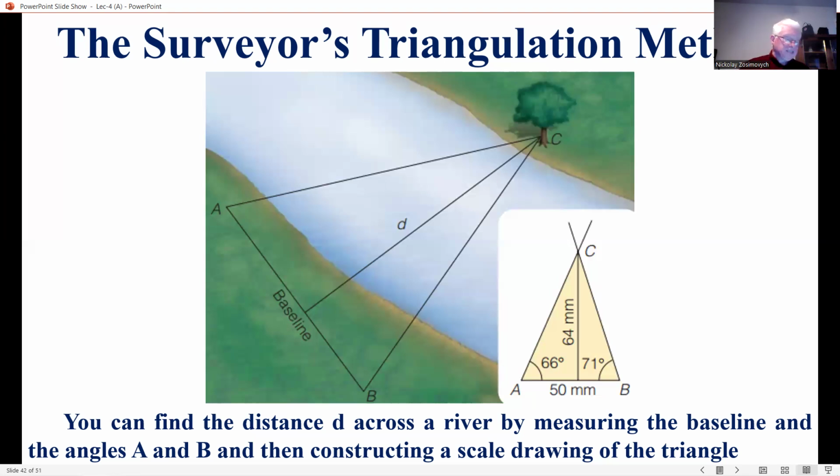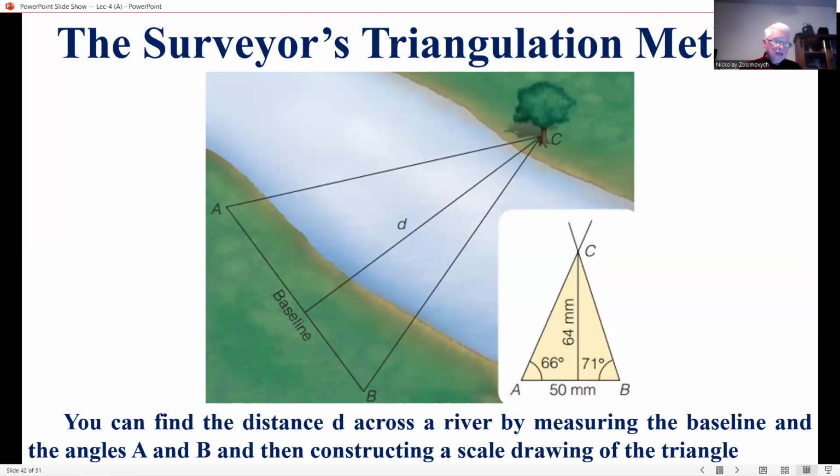Now that they know two angles of this large triangle and the length of the side between the angles, the surveyors can find the distance across the river by simple trigonometry, as you do at school. Okay? Another way to find the distance is to construct a scale drawing.